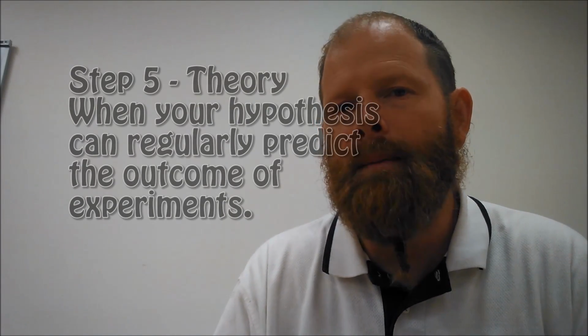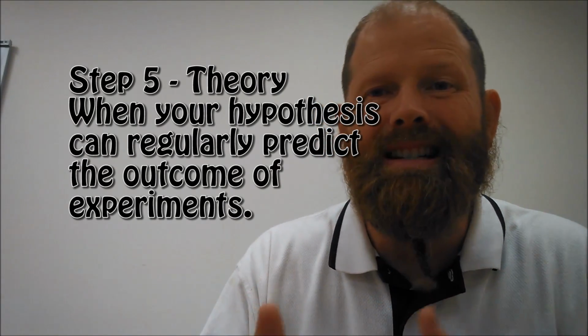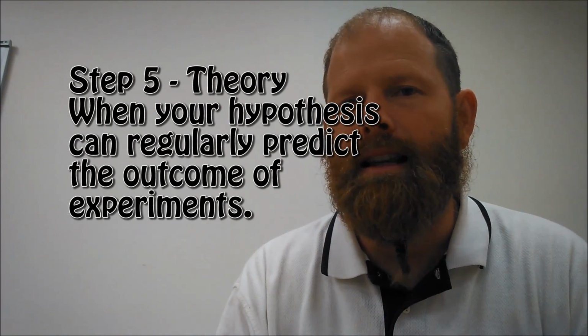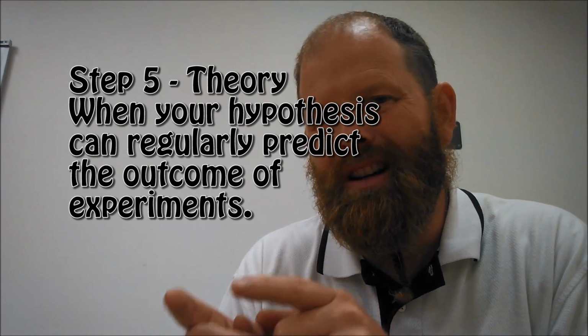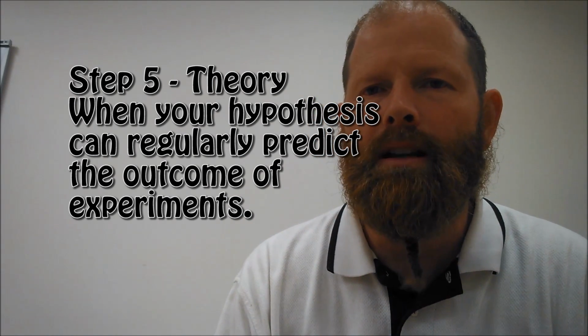And then we might get into something that deals with air resistance and get to why some things fall faster than others through air. Once we've done that and done the experiment repeated times and our hypothesis can predict what will happen, that's a key word, that your hypothesis can predict the outcome of the experiment.